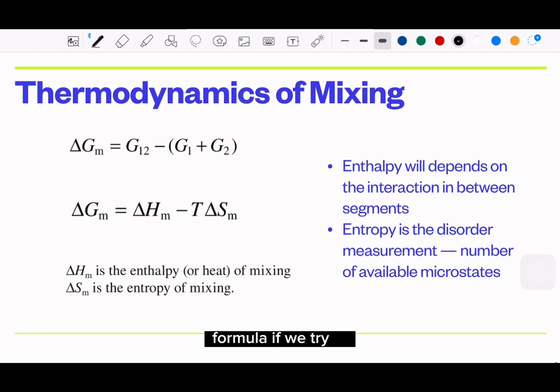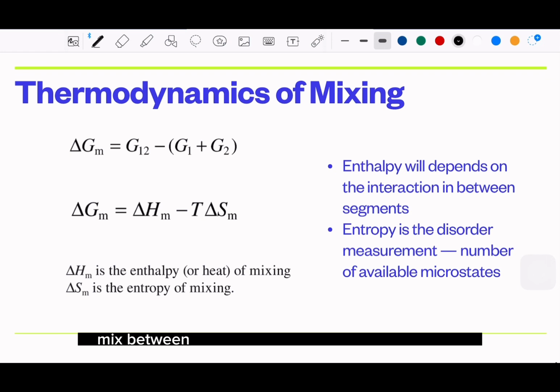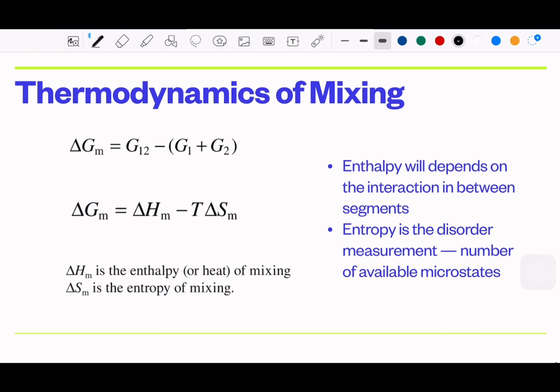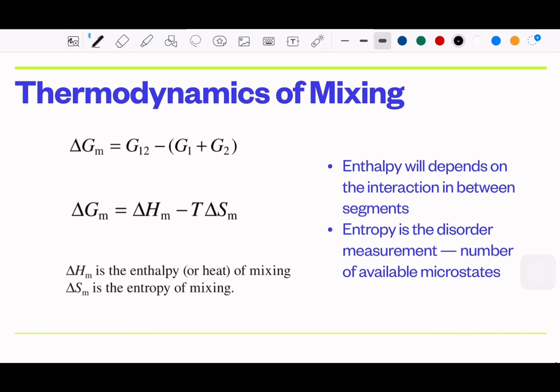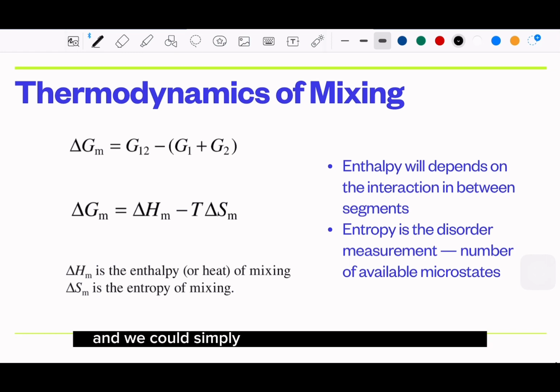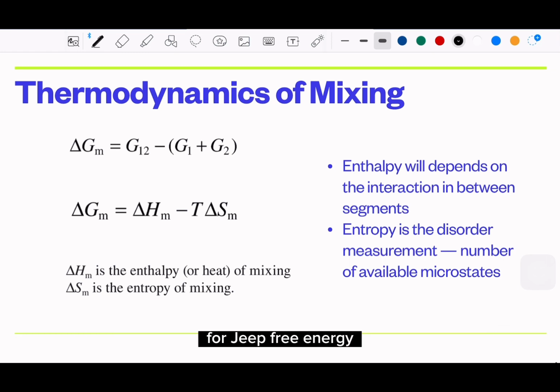If we try to mix the first material and the second material, G1 and G2, we have the mixing free energy, subtracting the summation of the energy of material 1 and material 2. We can simply take this into our basic formula for Gibbs free energy, that is the total change in enthalpy minus T delta S, which is the entropy.